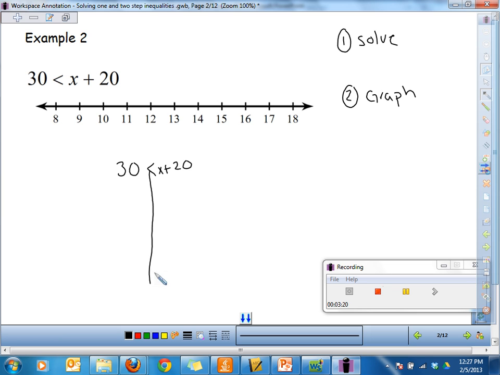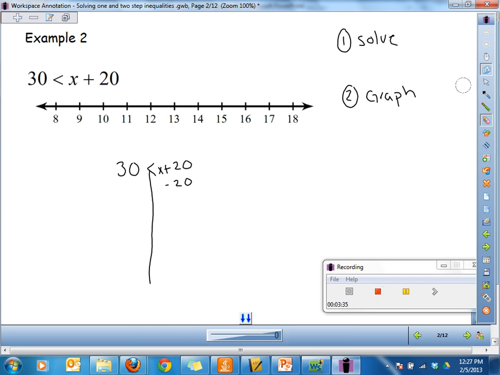I'm going to put a line down my equal sign, just like I would normally. I'm going to bring down my 30, and ask, how do I undo plus 20? I'm going to minus 20 from both sides.